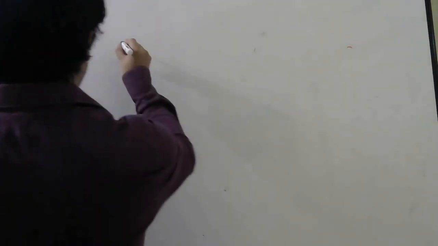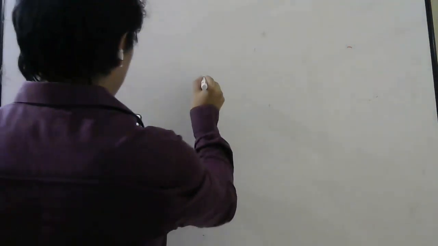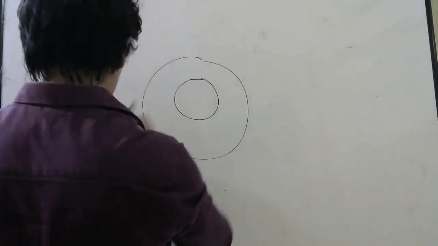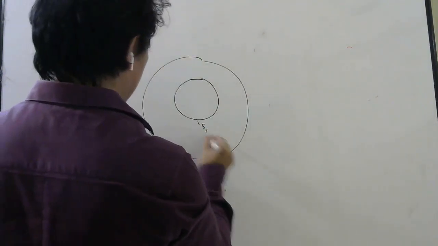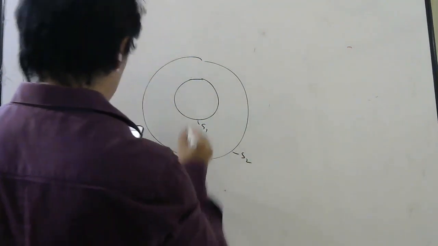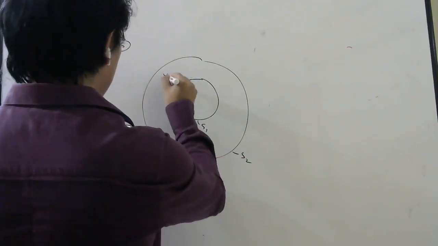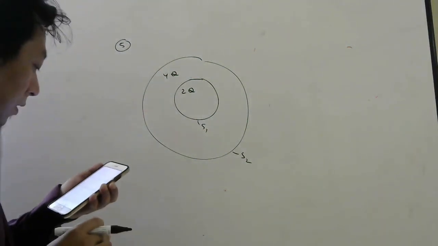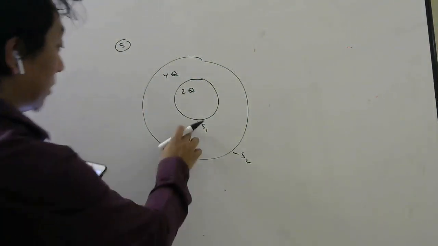So there are two concentric spheres. This is your S1, this surface is your S2, and here charge 2q is there, here 4q is there. They are asking to find the ratio of the electric flux through these two surfaces.